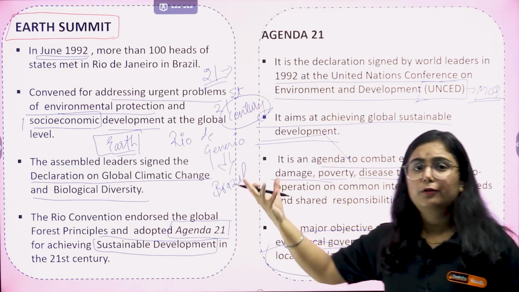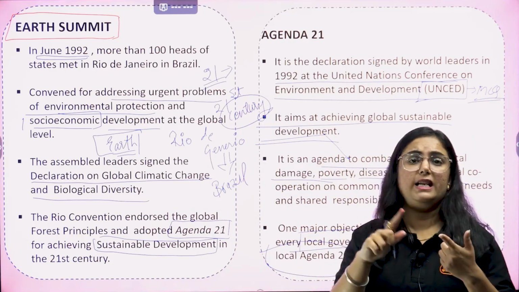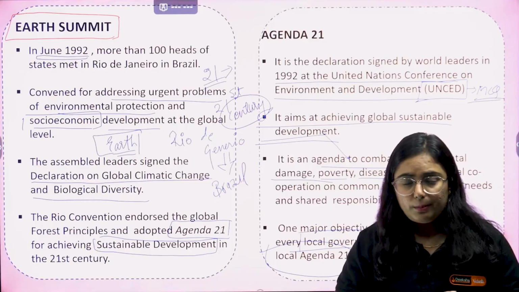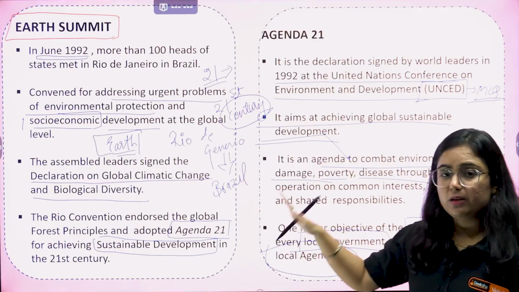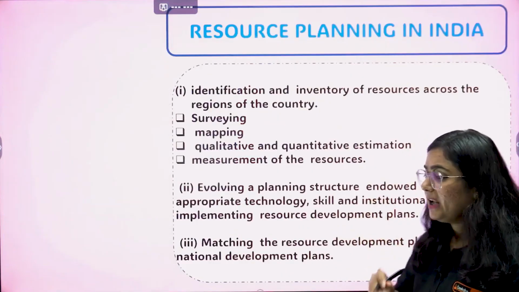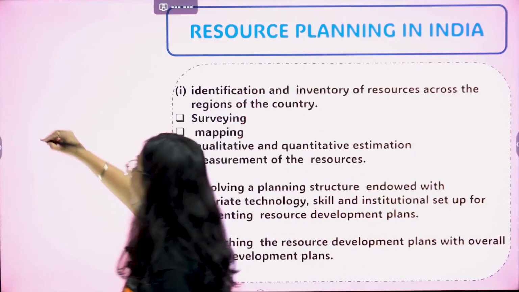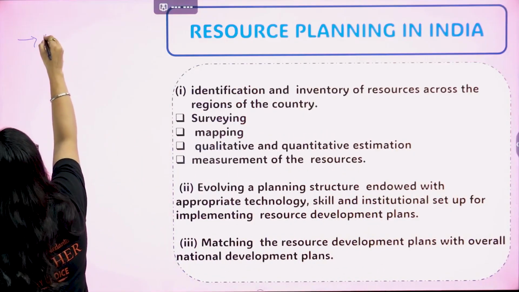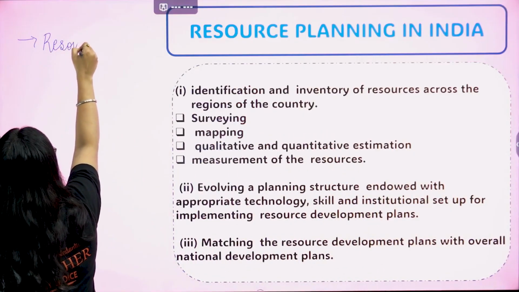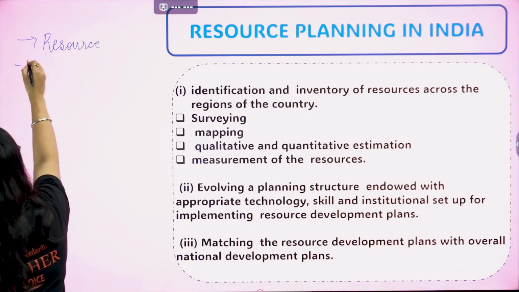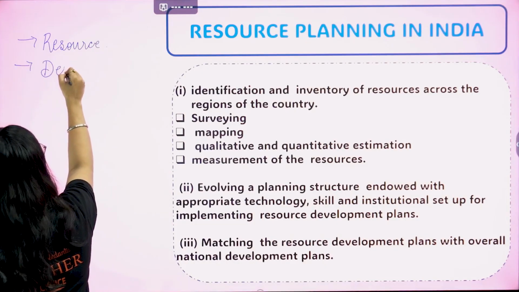Again, you can get a question such as write a short note on Earth Summit, or write a short note on Agenda 21. I just want to make it clear what we have studied up till now. We started with what is resource. Then we saw what is development.